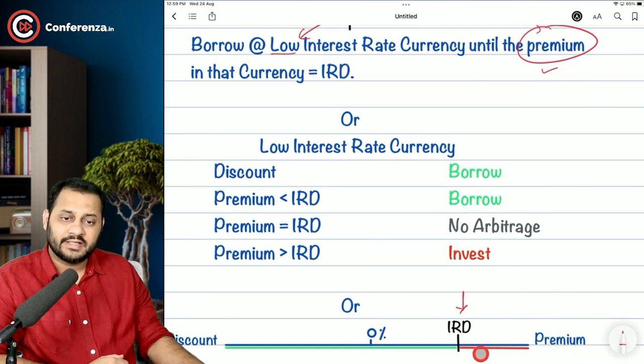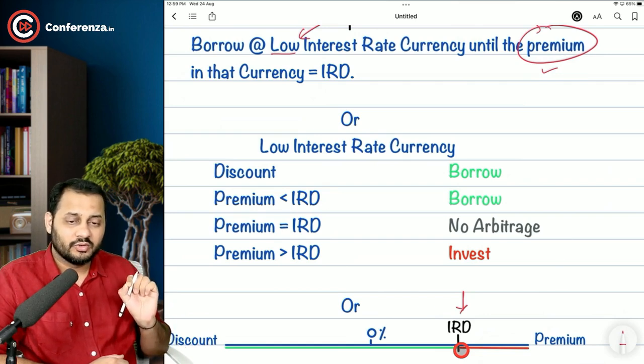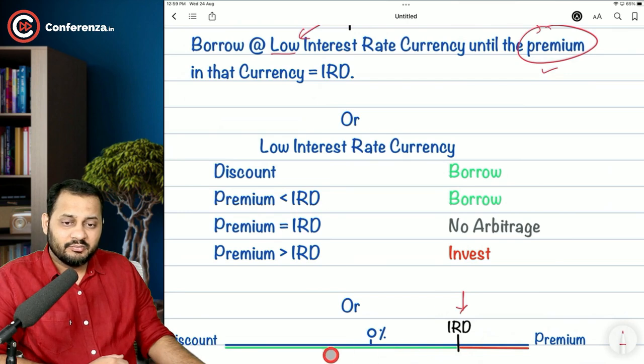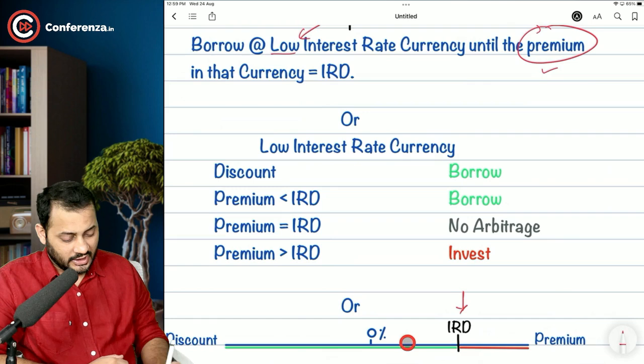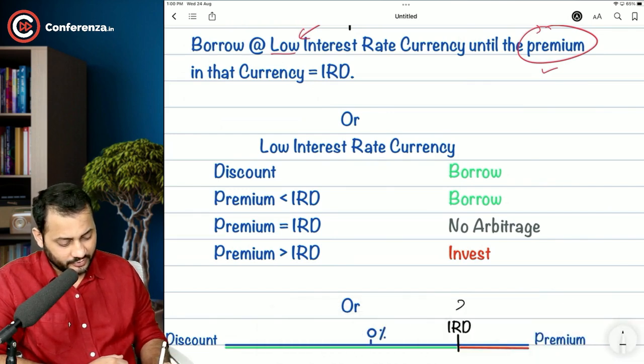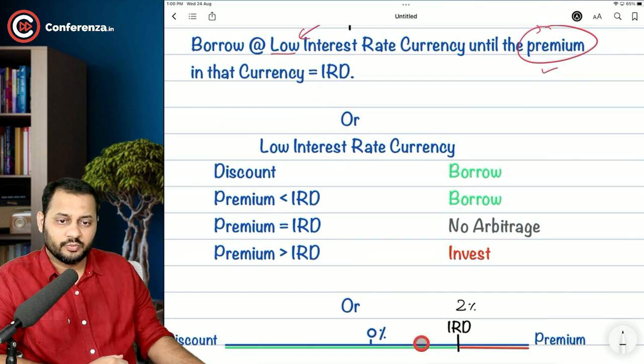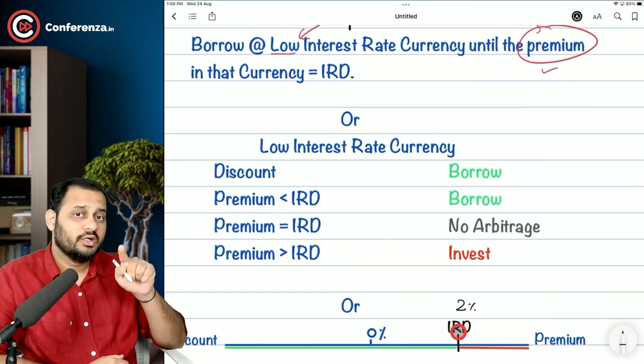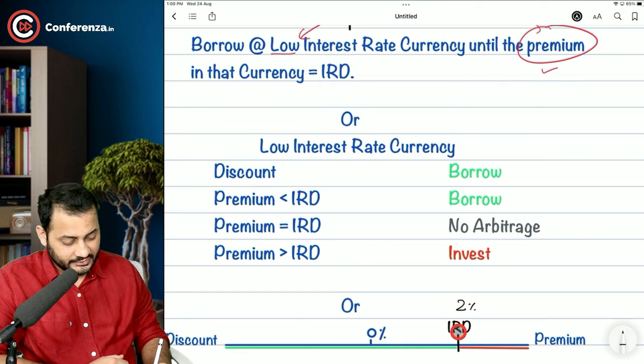Now understand that for the low interest rate currency, the actual premium that you are calculating lies somewhere in between. Our interest rate differential in this question is 2%, right? In the dollar, which is the low interest rate currency. So can I write 2% here? This is the 2%, and the actual forward premium is this 1.68%.